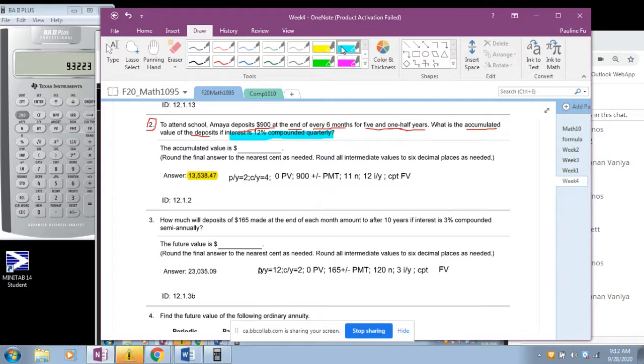Every 6 months you make a deposit, but the interest is compounded quarterly. So let's figure out what PY is. In 1 year, how many deposits do you make? That is PY. What is PY?